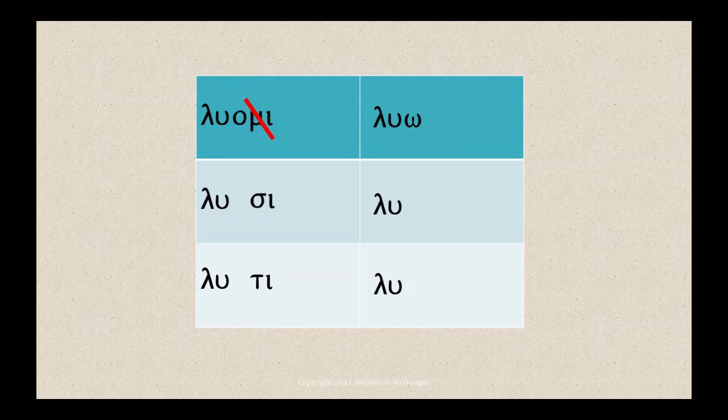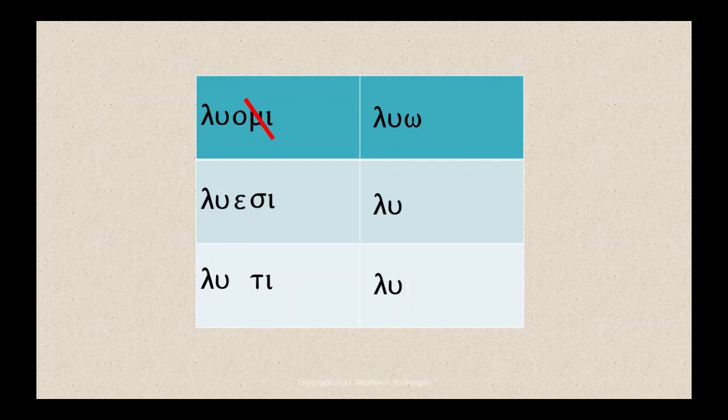There's a sigma there because there was a pi at the end of the stem. I added my tense stem sigma, and then I added my ending omega, and the sigma and the pi combine together and make a psi. So I'm going to see a psi, but I'm going to know pi sigma omega. All of this will just keep going back to what we learned in the alphabet.